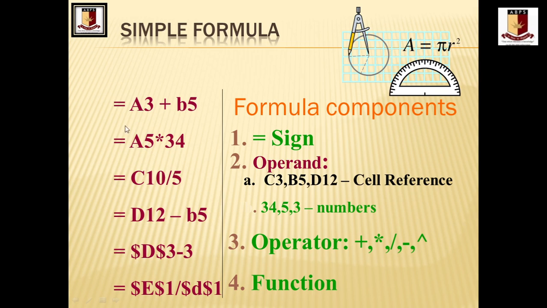So whatever the value of A5, that will be multiplied by 34. Again, the same with cell reference C10 divided by 5. So these are the different cell references that we can use in a formula. We can use numbers also. So all these components we can use in our formula.